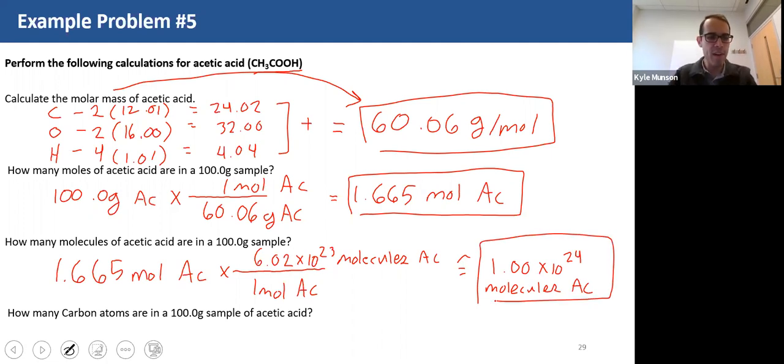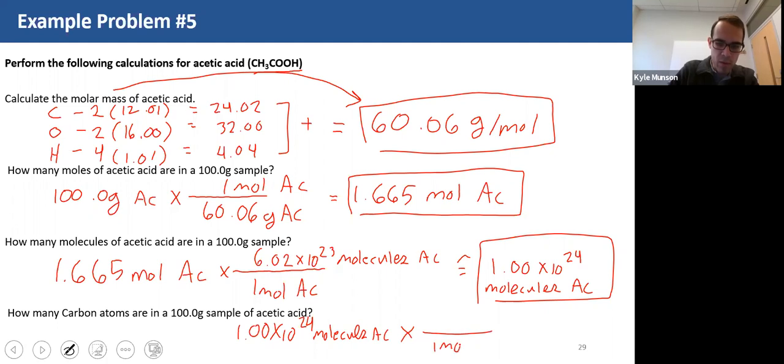Okay, so finally, how many carbon atoms are in that 100-gram sample? Well, again, our life is easier here. We already have the number of molecules, so I can convert that directly. Running out of room. Acetic acid times, for every 1 molecule, okay, there are 2 carbon atoms.